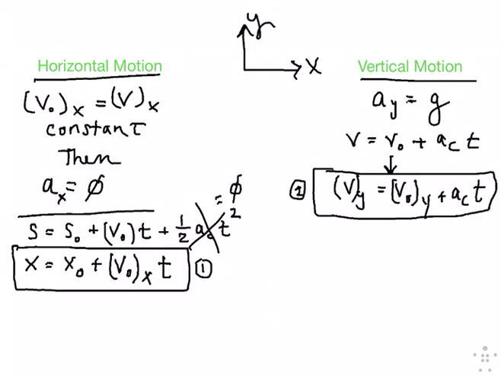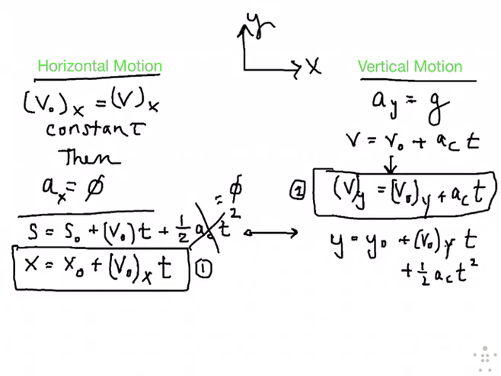And then we can use our position. So this is going to be for the y direction. We can bring the same thing over. So now instead of x, we're going to use y. So final y is equal to initial y plus our initial v0y times t plus 1/2 ac t squared.